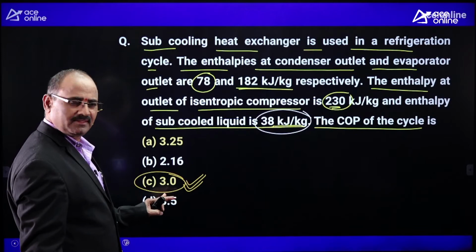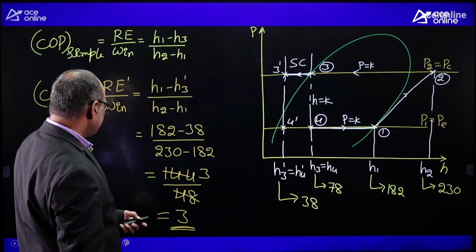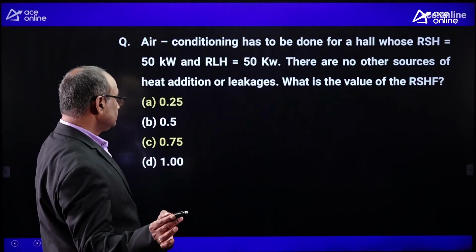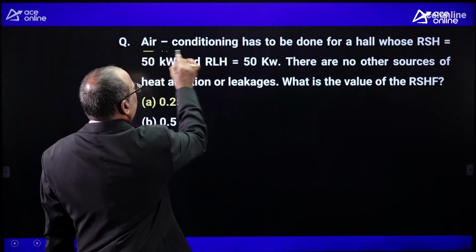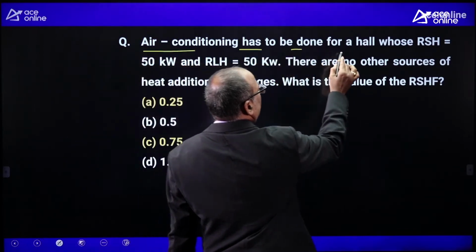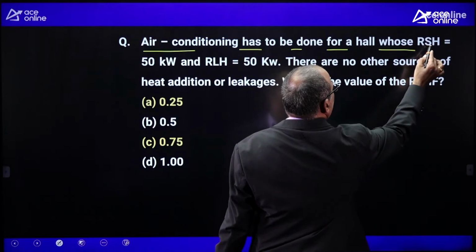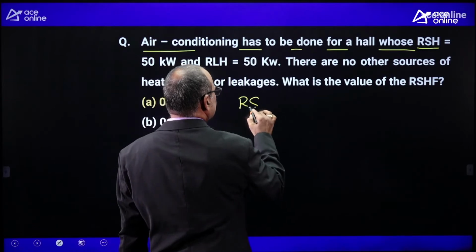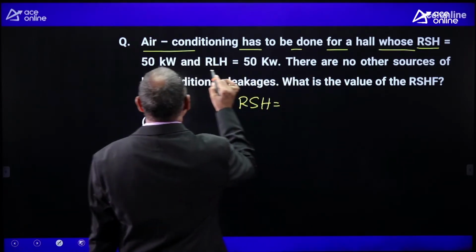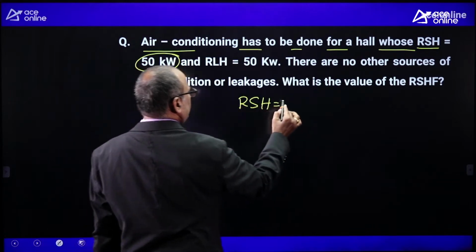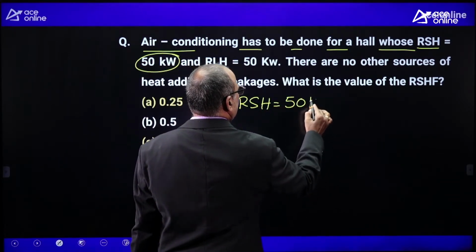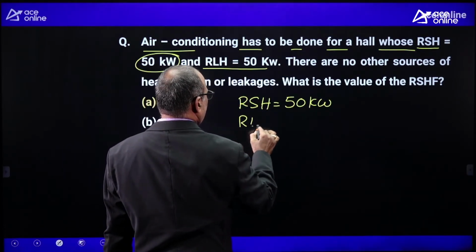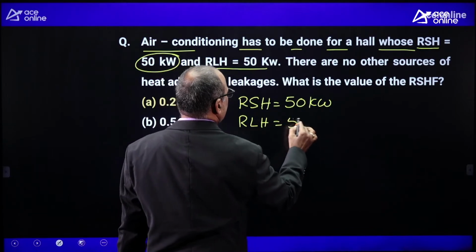Understood clearly? Yes. Similarly, look at another important question. Try to read it clearly. Air conditioning has to be done for a hall whose RSH, room sensible heat, is given as 50 kilowatts, and room latent heat is also 50 kilowatts.